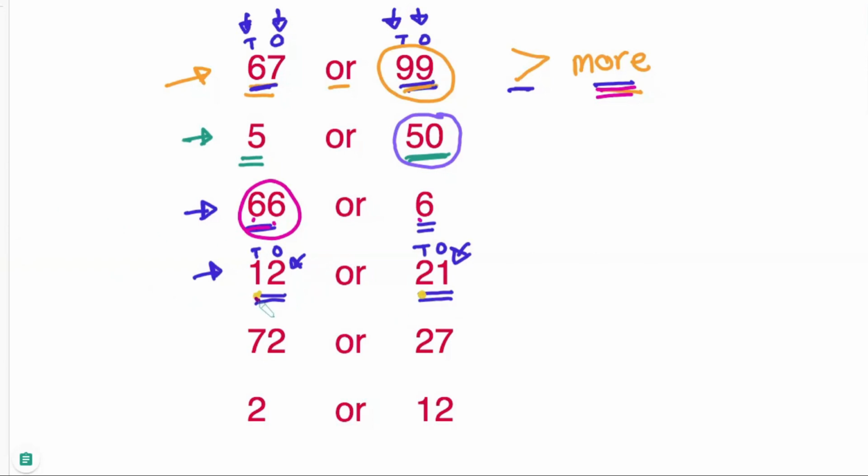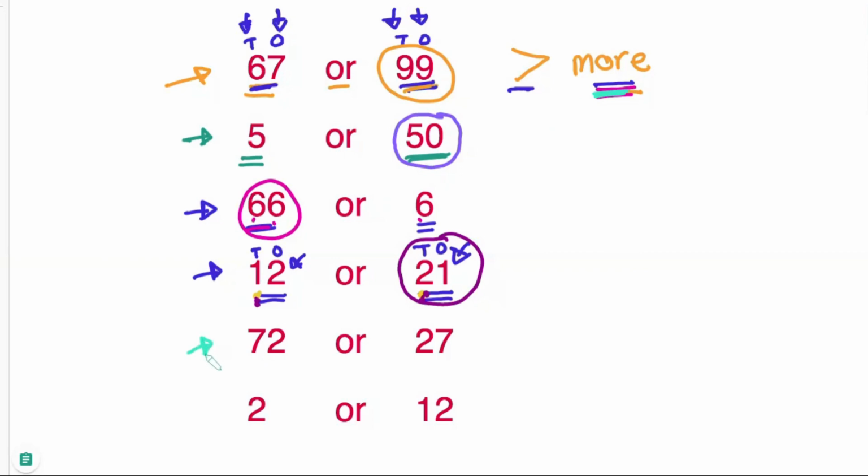The one with 1 ten or the one with 2 groups of tens? You're correct. The number with 2 groups of tens is the biggest number because we know that 2 is larger or bigger than 1. Fantastic. There are loads of ways to help us identify which number is more or larger.